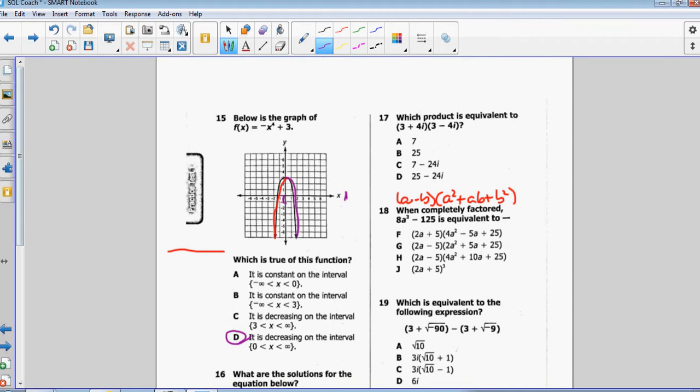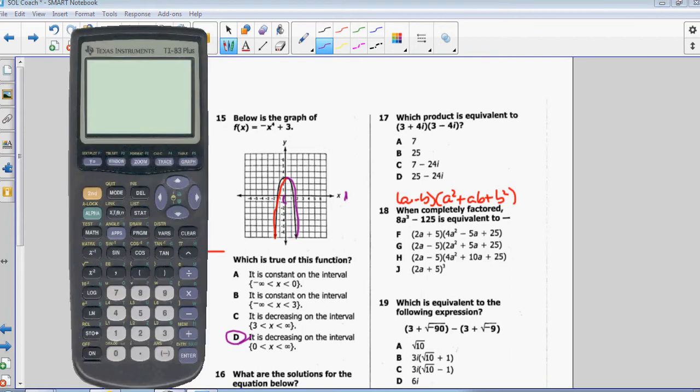Okay, in problem 17, this is a great problem to put right into your calculator. Remember that when you get your calculator, you want to put it into A plus BI mode right away, but I haven't done that yet, so I'm going to press mode, and I'm going to put it down into A plus BI mode. And then I'll do second quit, and I'm going to type exactly what I see. 3 plus 4i.